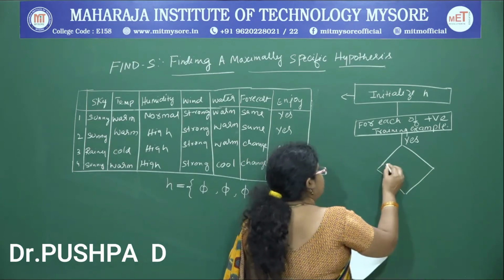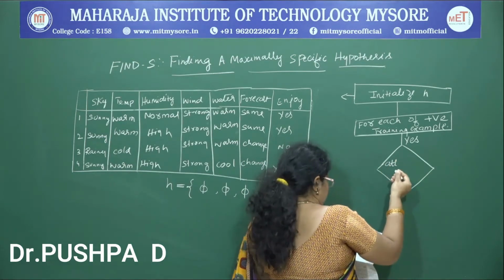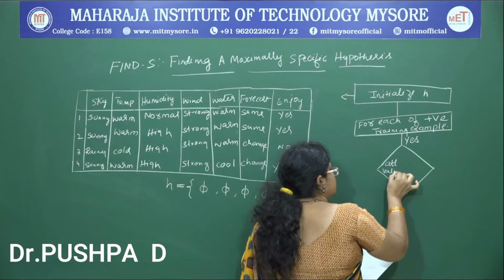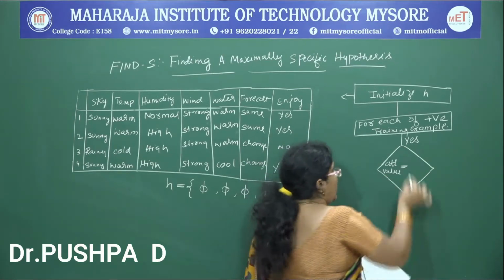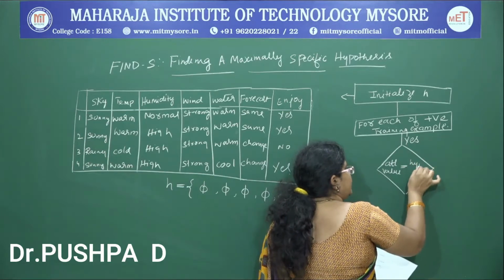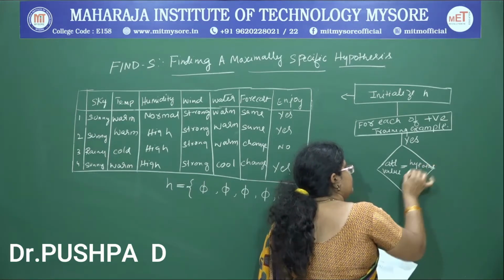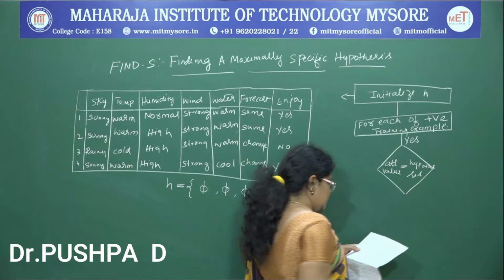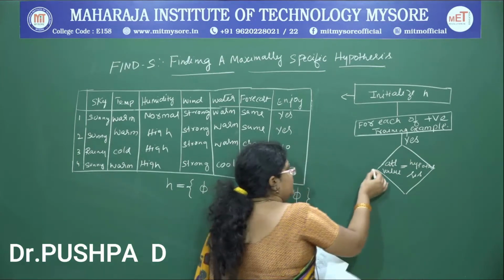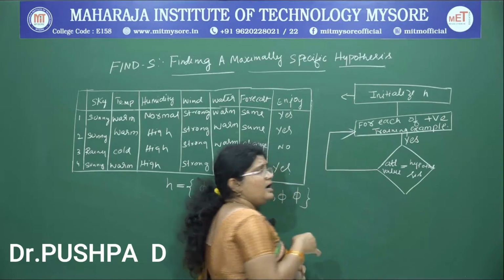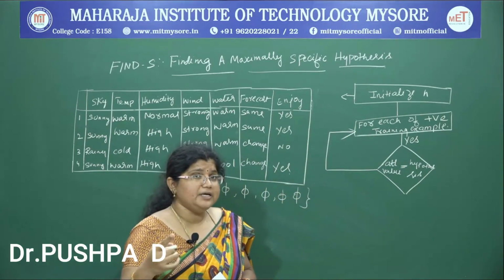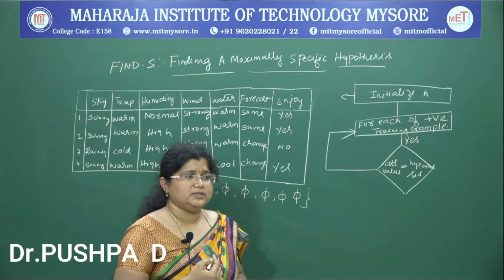So, the attribute values, when they are equal to the hypothesis which you have generated, then that positive training example itself becomes the hypothesis.